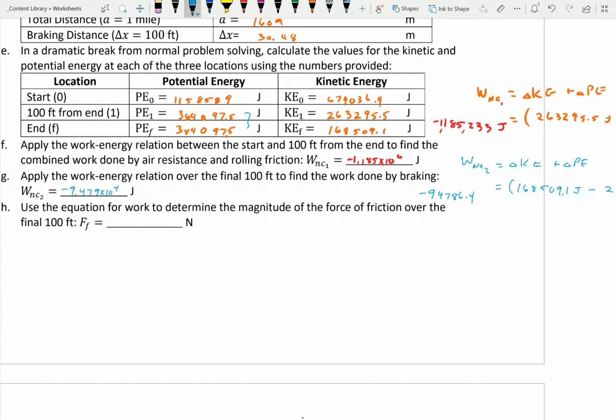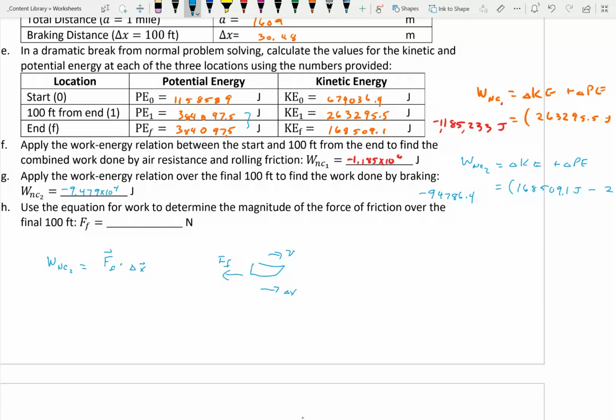So I'm going to have work non-conservative 2 is equal to force of friction dotted with delta x. Force of friction, we're looking at that car. It's going this way. Delta x is thus that way. But force of friction is that way.